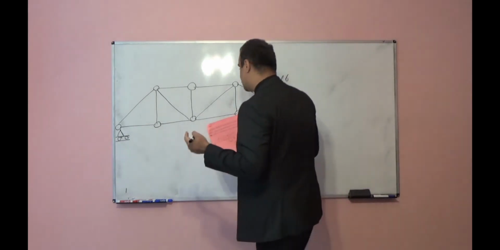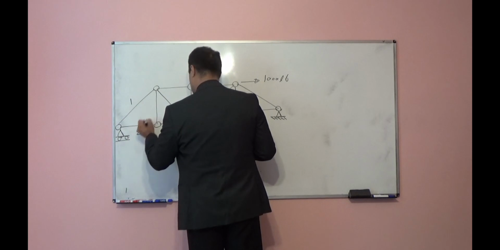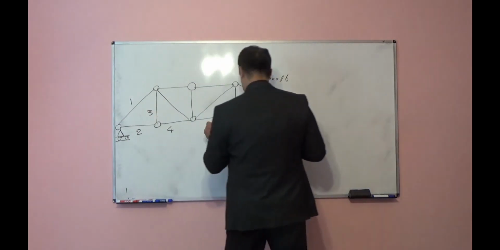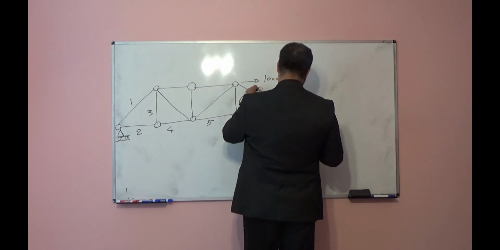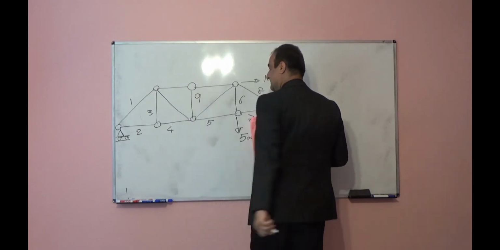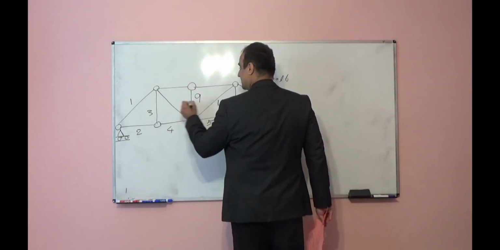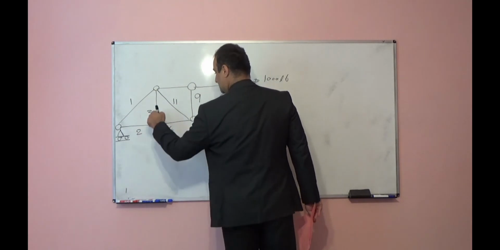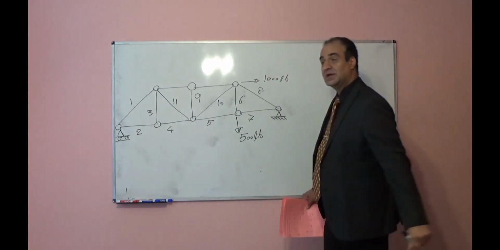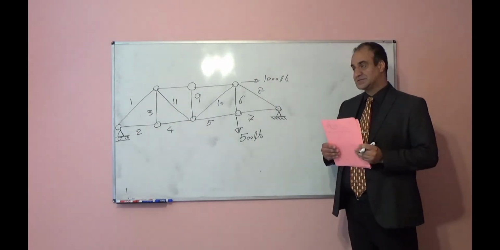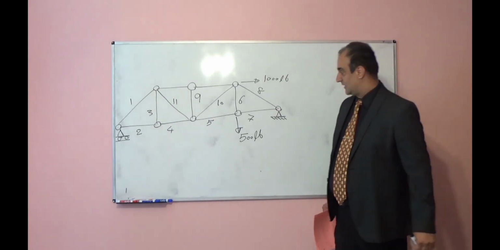And the member length, for example, is L or something like that. Members 1, 2, 3, 4, 5, 6, 7, 8, 9, 10, 11. Which members are zero force members? Okay, let's look at the joints one by one.